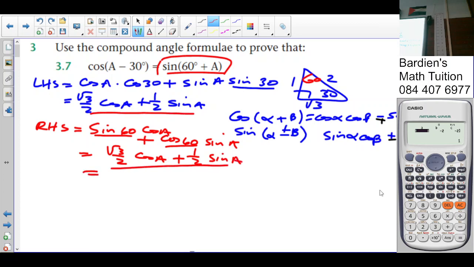They are equal. So that's equal to the left hand side. And the last one, before we break.